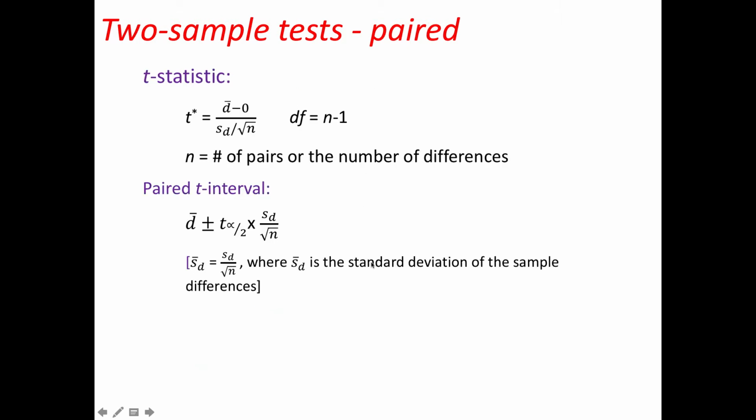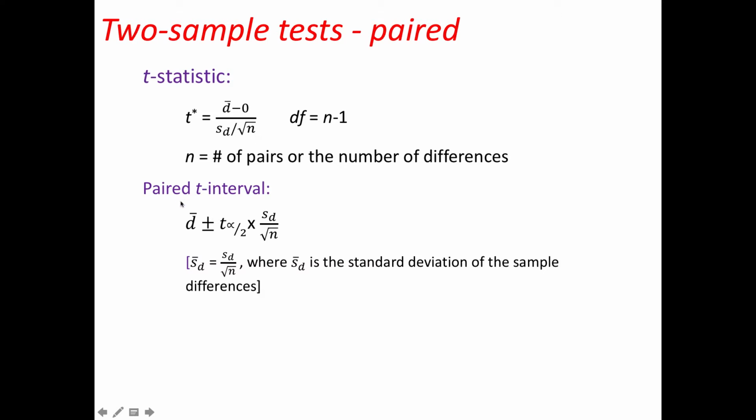The t-statistic looks like this equation up here. Degrees of freedom is n minus 1, where n is the number of pairs, or the number of differences that you're looking at, because you're looking at the mean of the difference minus 0, and then dividing that by the standard deviation of the difference divided by the square root of n.